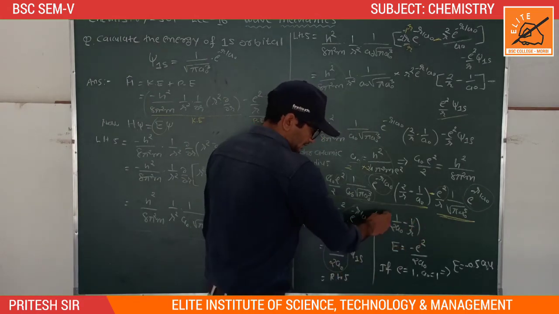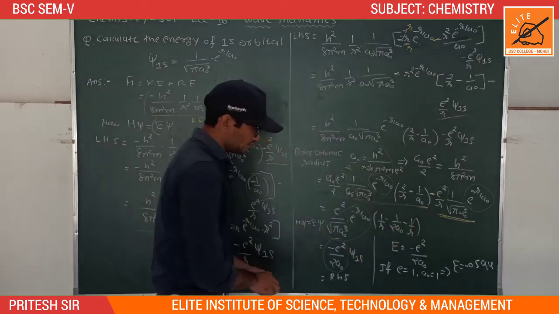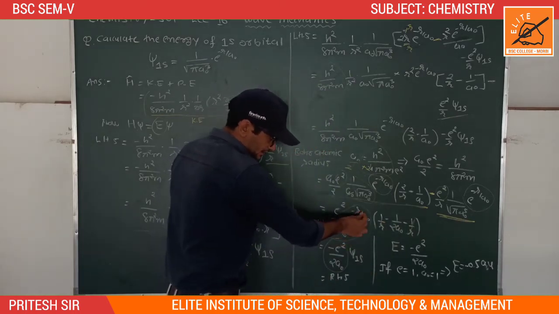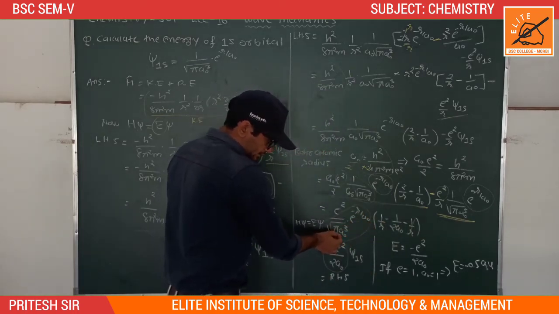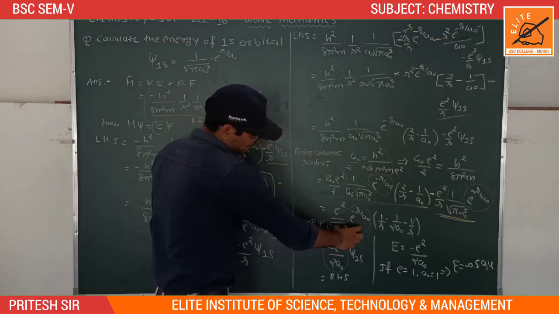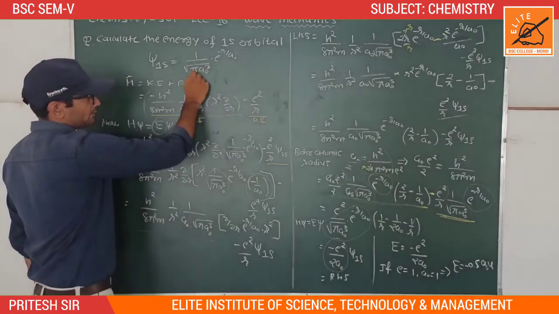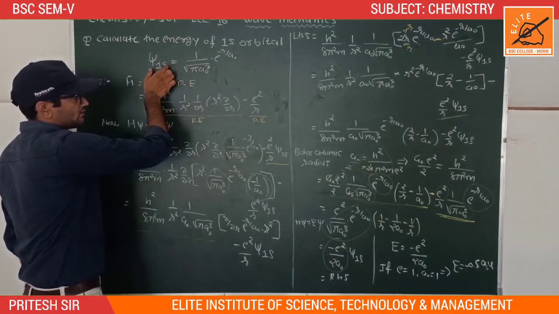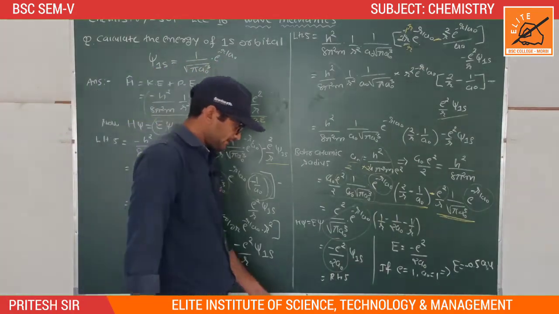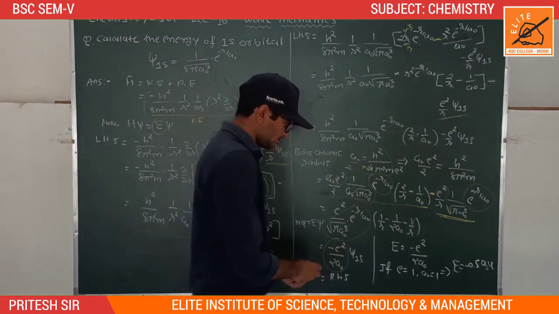This 1 upon r cancels out on both sides. So e to the power minus r upon a0 divided by under root π a0 cube is equal to the function e to the power minus r upon a0 and under root π a0 cube is equal to the function of the hydrogen atom.